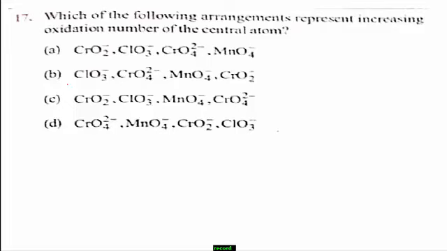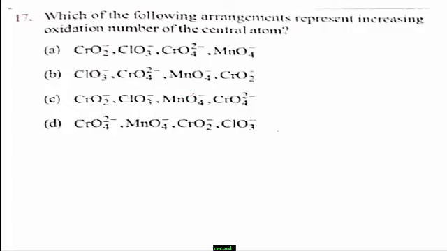Option A, CrO2 minus, ClO3 minus, CrO4 2 minus, MnO4 minus. Select the correct arrangement. Students, the given species are CrO2 minus, CrO4 2 minus, ClO3 minus and MnO4 minus.